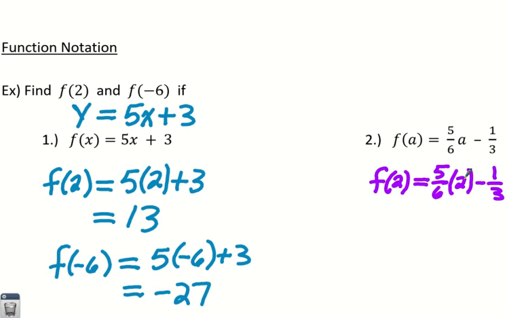This cancels, if you have an eye for this kind of stuff, and this would be a 3 now, so it would be 5/3 minus 1/3.